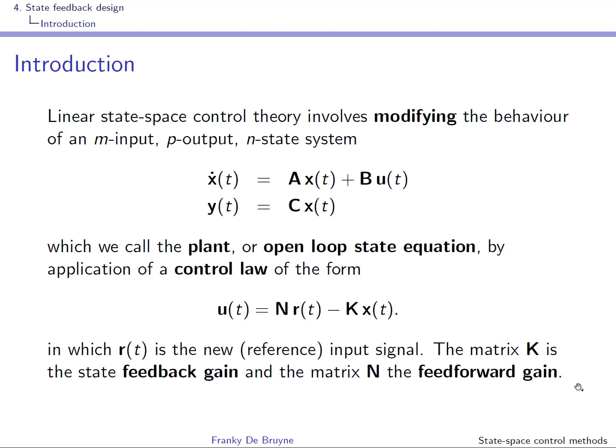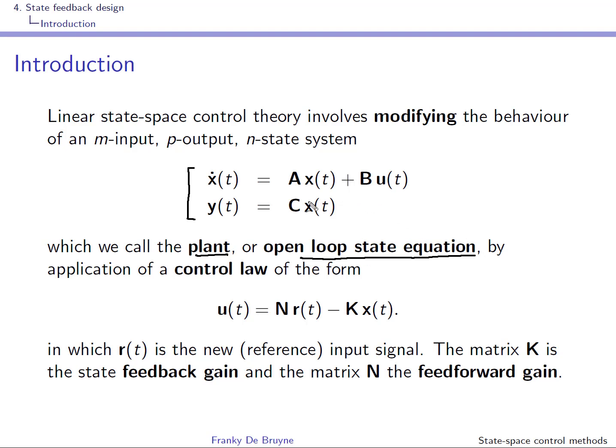So in section 4 we can finally start with control, and what we'll do is state feedback control. We're given a linear state space description of a plant, and we'll call it the open loop state equation.